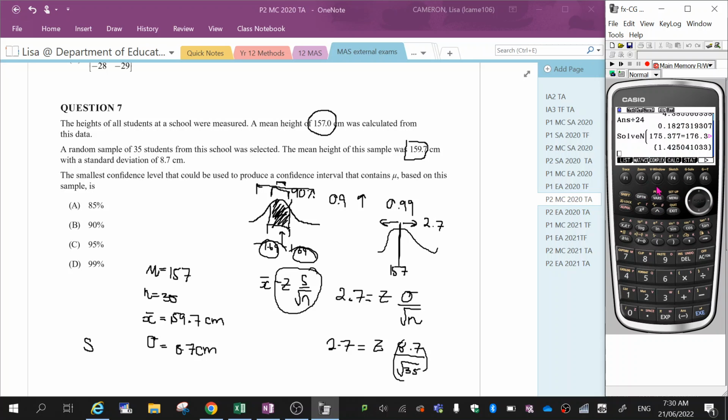So, options, calc, solve n, 2.7 equals, so shift equals x bracket fraction 8.7 over the square root of 35, and then we're going to do comma X. Remember, if you don't do the comma X, sometimes weird things happen.